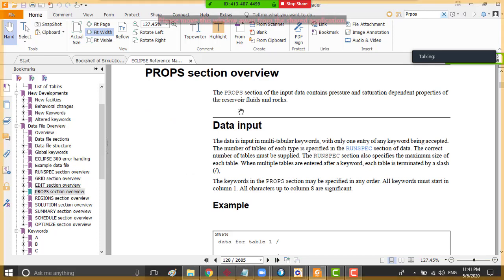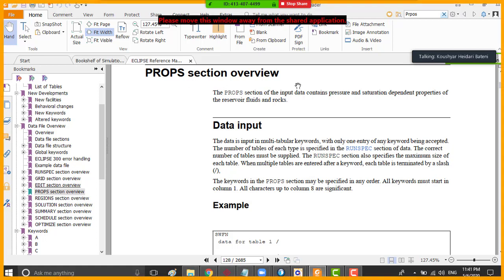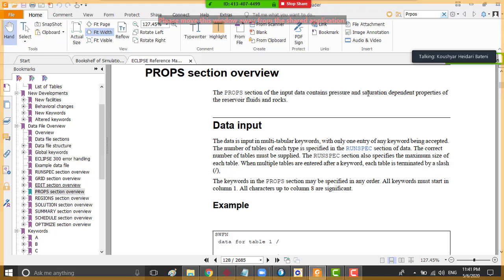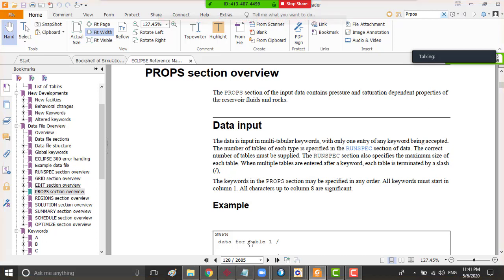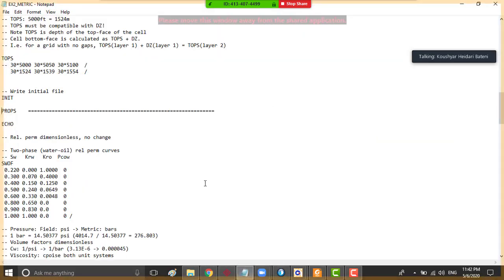Now, look. When we go to the PROPS description in the reference manual, we see that the PROPS section of the input data contains pressure and saturation dependent properties of the reservoir fluids and rocks. Okay? So it contains pressure and saturation dependent properties. Now, let us go back to the data file that we were working on.